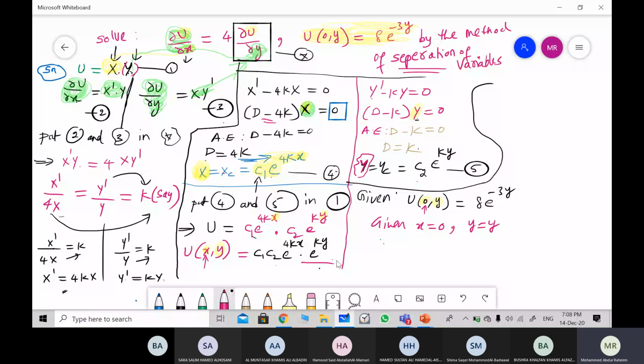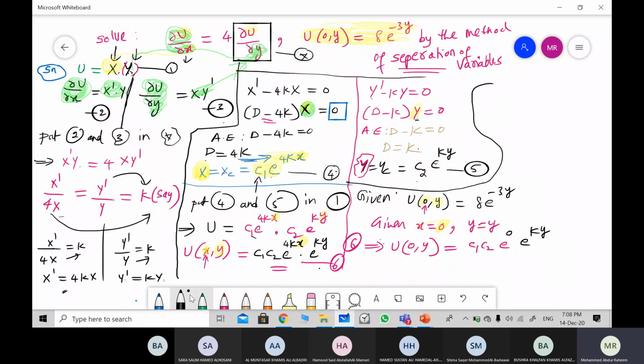Say equation 6. So the sixth equation implies u of 0,y, here 0, y here also you need to write. C1 C2 e power x, how much? This will become 0 now. So e power 0, e power ky as it is, because y has no change.